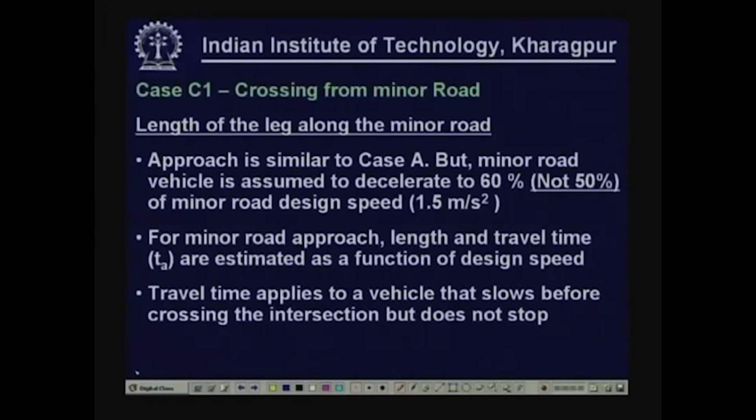Here in this case, minor road vehicles are assumed to decelerate to 60% of minor road design speed.